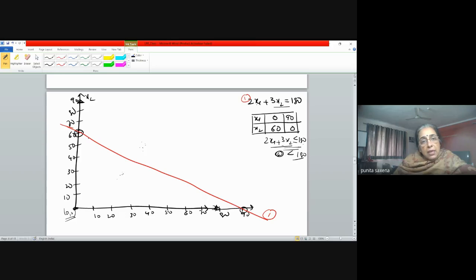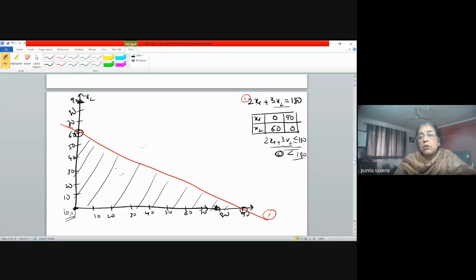That means 0, 0 lies in your required region. Okay, so basically this whole region satisfies your first constraint. ठीक है? अब बताओ इस रीजन में कितने पॉइंट्स हैं? इनफाइनाइटली मेनी. ये सारे के सारे फर्स्ट कॉन्स्ट्रेंट को सेटिस्फाई करते हैं. अभी हम सेकंड पे नहीं आए थे, ठीक है?